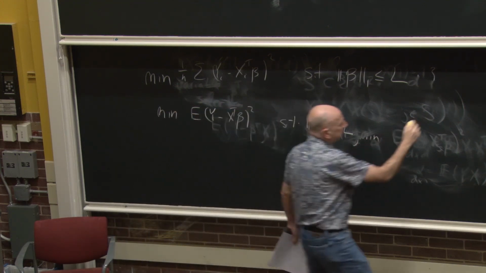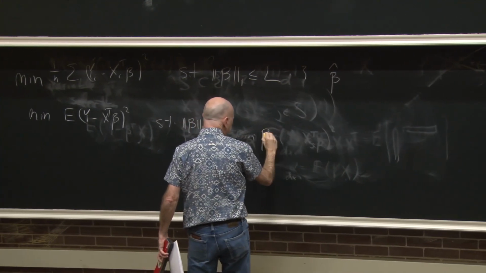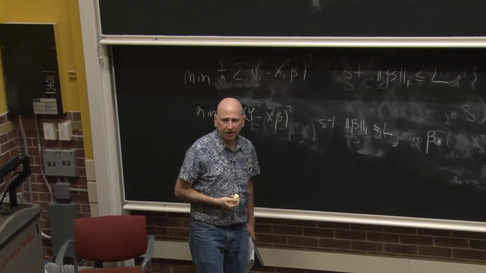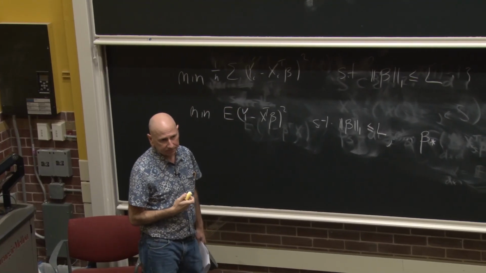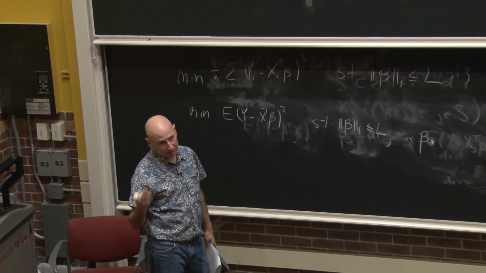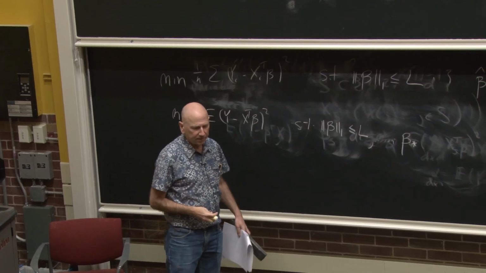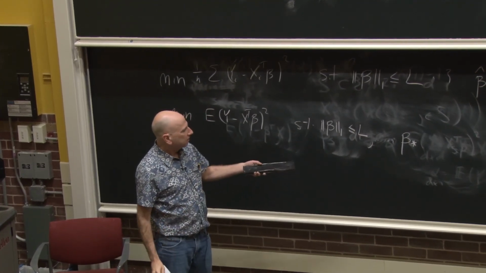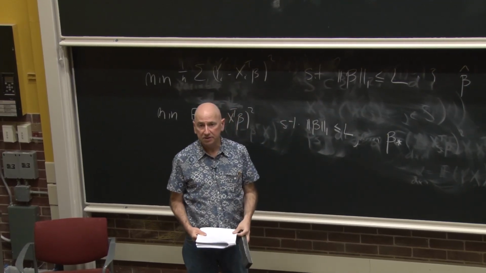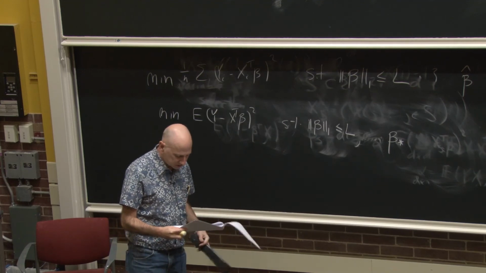This is something we can't ever compute, but it's the population target. So just like in low-dimensional regression, we talked about the best linear predictor, now we're talking about the best linear sparse predictor. And so what we'll prove next week is this theorem, that the risk of this thing comes very close to the risk of this guy, which I call the master theorem.